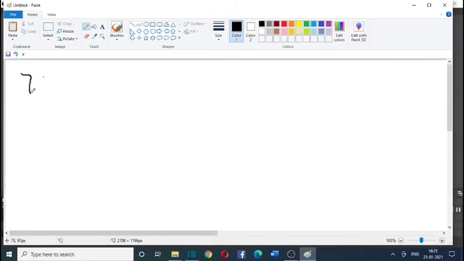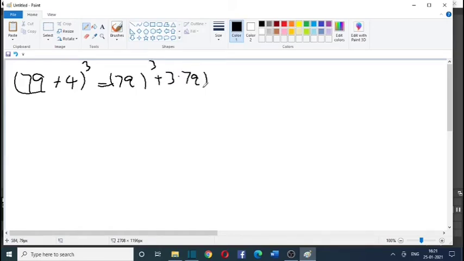Now consider (7q plus 4) all cube, which is equal to (7q) all cube plus 3 into (7q) square into 4 plus 3 into 7q into 4 square plus 4 cube. Now 4 cube is 64. 64 is 63 plus 1.